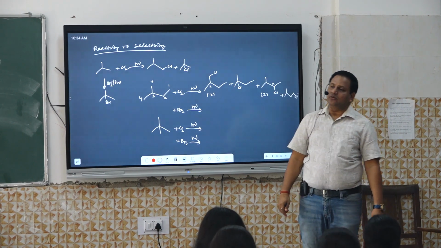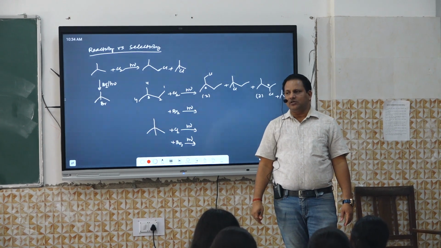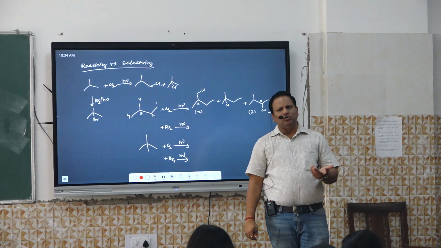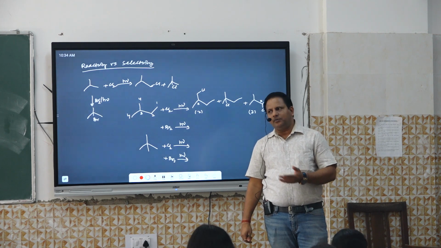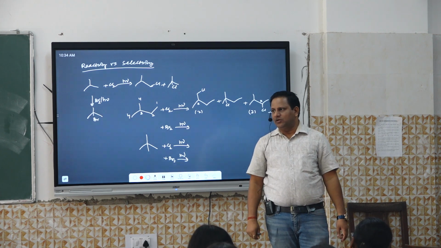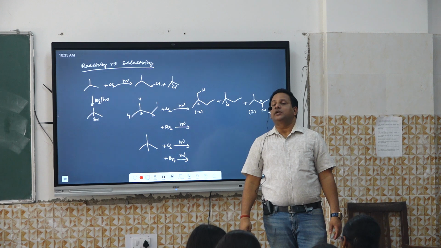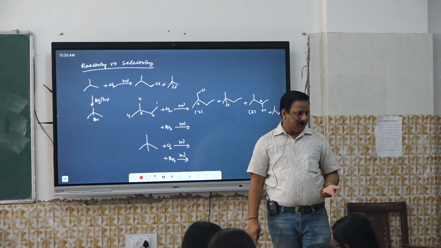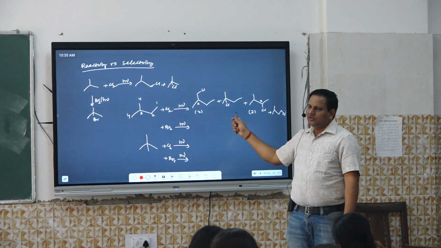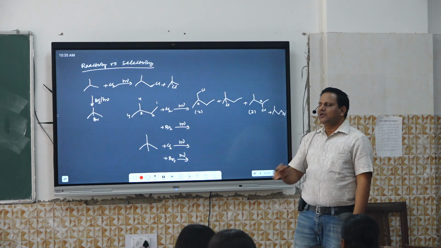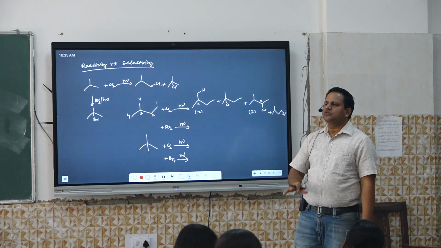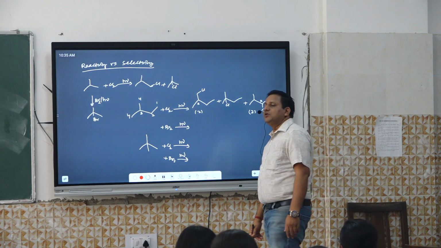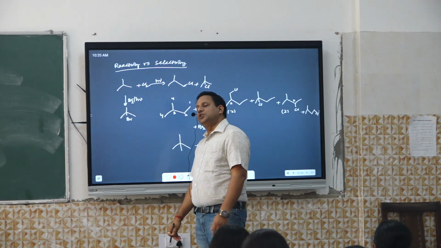Like ethanol and water, can you separate them by distillation? Ethanol boiling point is 78 degrees centigrade, water is 100 degrees, so the difference is 22 degrees. We cannot separate them by normal distillation, but fractional distillation can. For fractional distillation, the minimum boiling point difference should be 10 degrees. Optical isomers do not have a boiling point difference of 10 degrees, so they cannot be separated by fractional distillation.